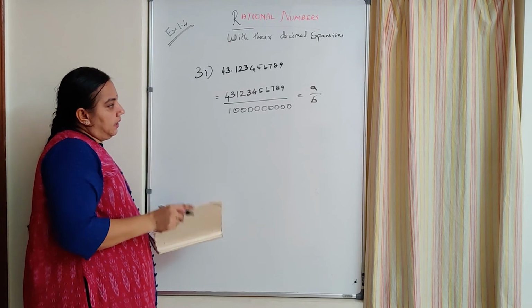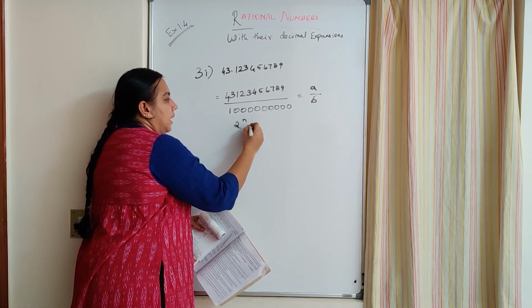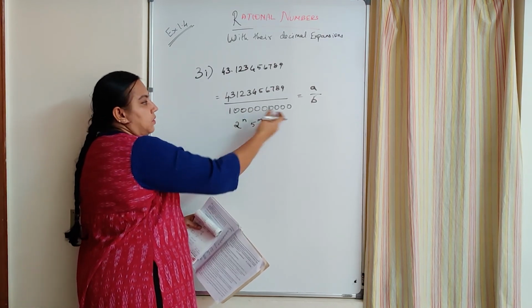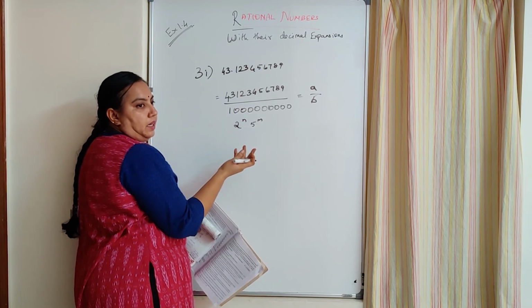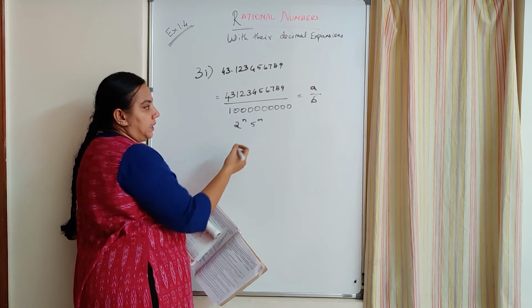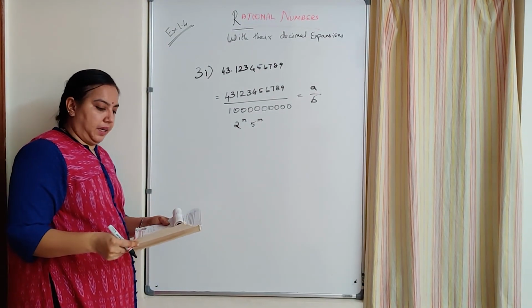And again, this number can be represented in the form of 2 power n and 5 power m. This big one with so many zeros will surely have factors of 2 power n and 5 power m. And for that reason, it is going to have a terminating decimal as the end result.